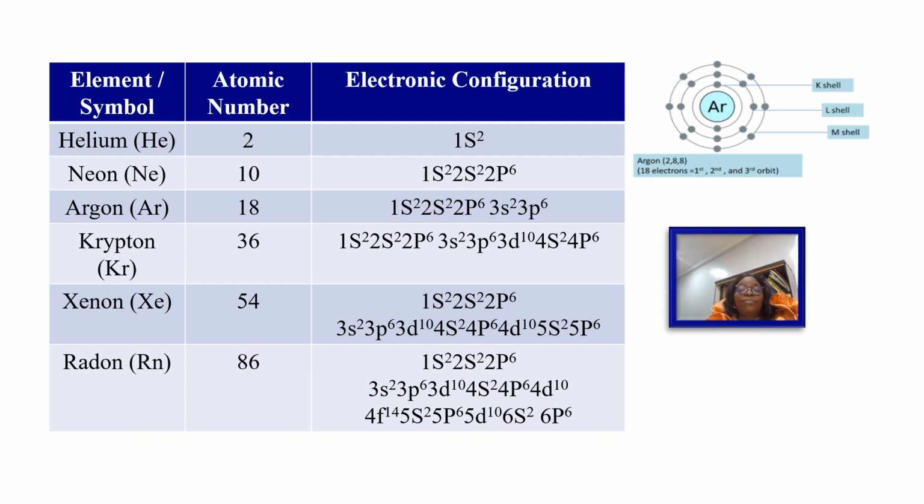And radon, symbol Rn, atomic number 86, 1s2, 2s2, 2p6, 3s2, 3p6, 3d10, 4s2, 4p6, 4d10, 4f14, 5s2, 5p6, 5d10, 6s2, and 6p6.